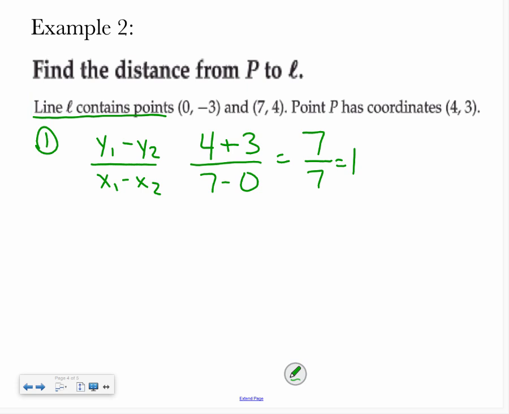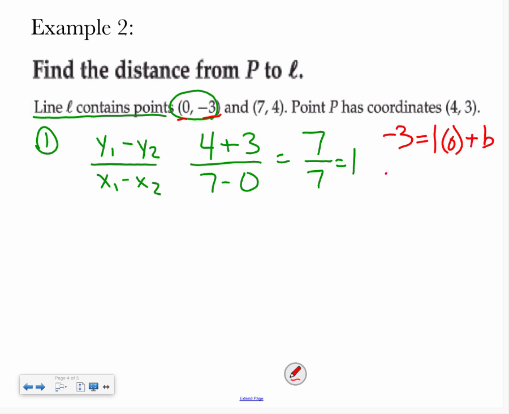Okay, we know what our slope is. Now we need to find an equation, so let's use the points that we are given. We know that our y-intercept is -3 because our x value is 0 already. However, if that x value wasn't 0, you would plug in your y value from one of the points, equals your slope times whatever that x value is, plus b.